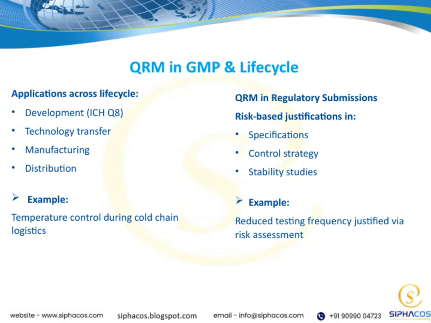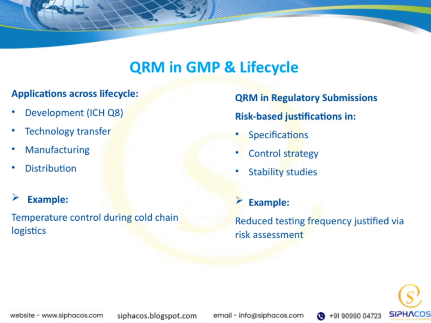QRM isn't limited to GMP environments. It extends across the entire product lifecycle. This includes development phases, especially following guidelines like ICH-Q8, technology transfer activities, manufacturing processes, and even distribution. A practical example of this is temperature control during cold chain logistics.